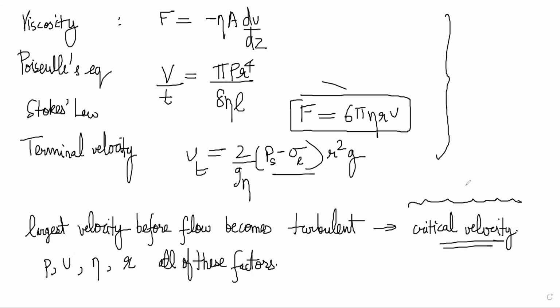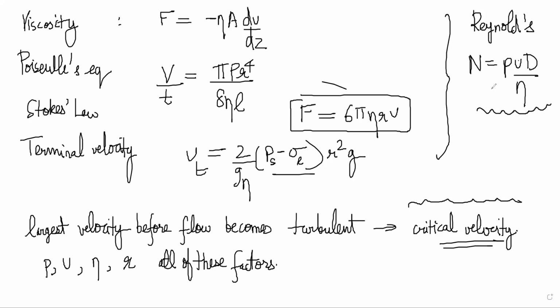The Reynolds number is calculated, and that number is basically rho v D by eta, where capital D is diameter.